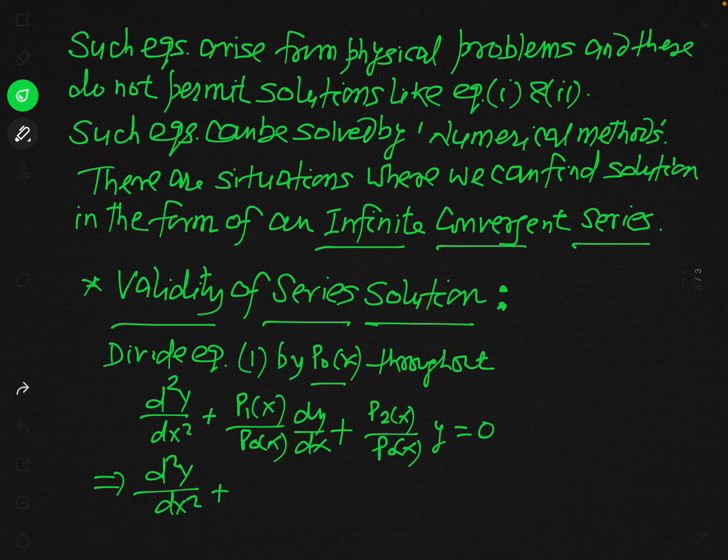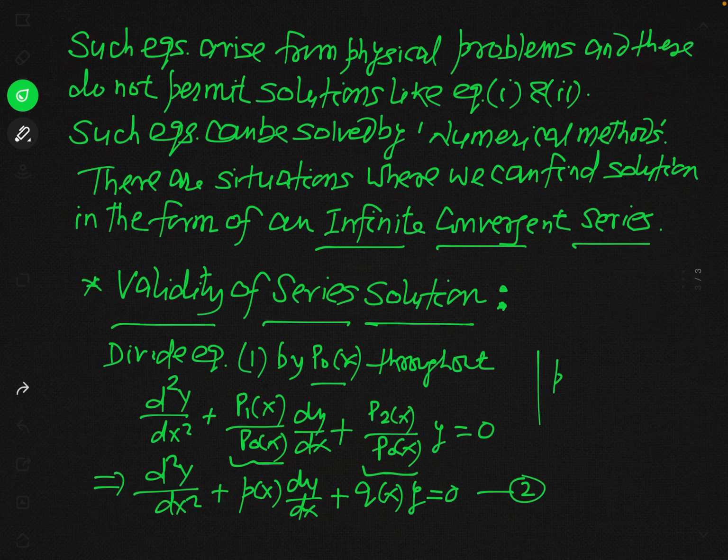Let us suppose this is written as d2y by dx square, plus P1 of x by P0 of x, let us say it is a small p of x, times dy by dx, plus we suppose P2 of x by P0 of x as q of x. We consider it, and this is equal to 0.